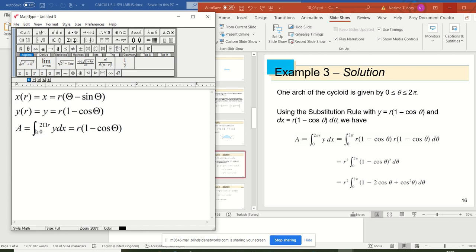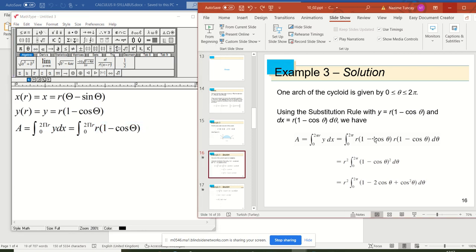I'm going to find the integral. I can copy this one also, and delete the first part. Here, what you see is only y, but we need to have this dx here.